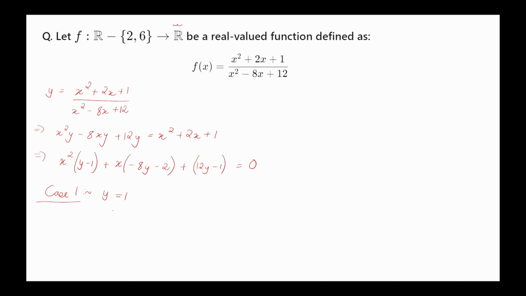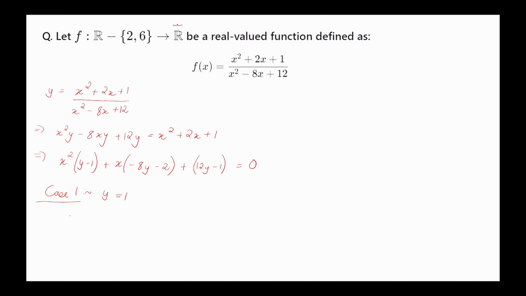And I'll check if y is equal to 1 would be satisfied in this equation or not. If the value of x that comes after putting y is equal to 1 comes in my domain, that means y is equal to 1 is one of the solutions. It would be included in my range. So let me put y is equal to 1. This would become 0.